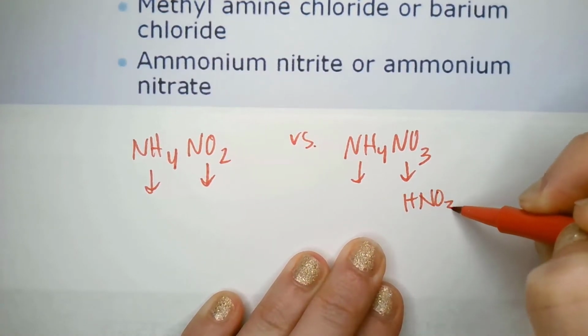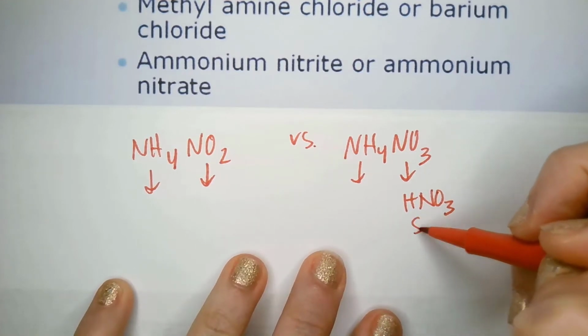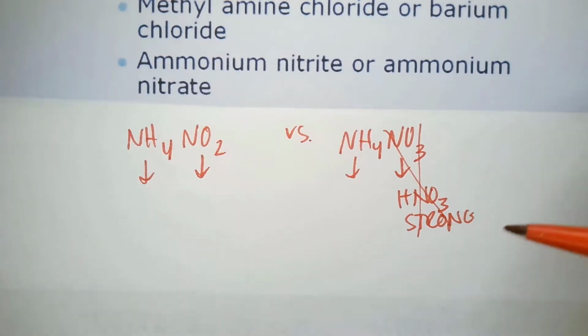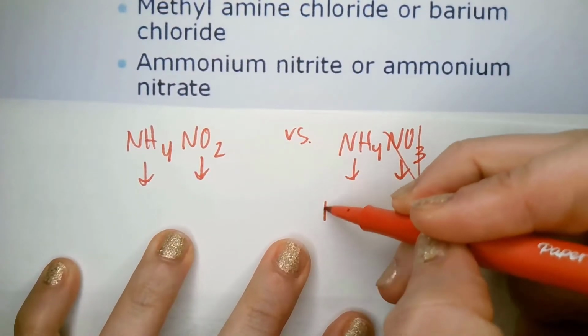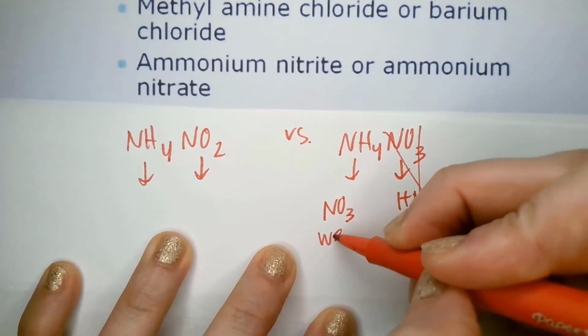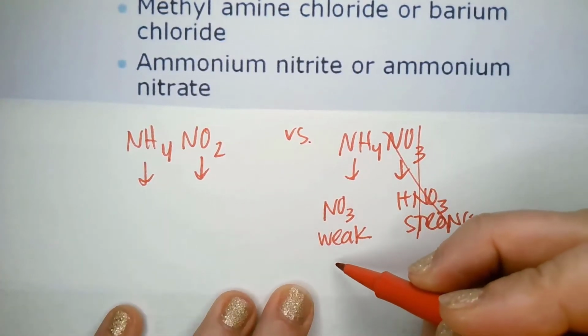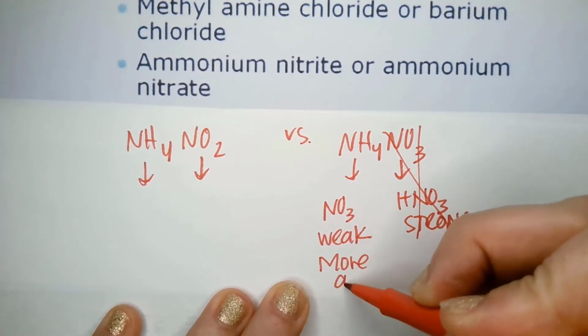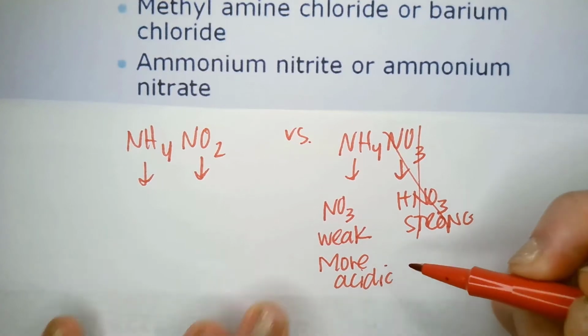The first one that sticks out to me is this NO3-, because we know that its parent acid, HNO3, is strong. So it's not going to have any effect. Now, this parent base, ammonia, we know is weak. And we know that that's going to make this more acidic.